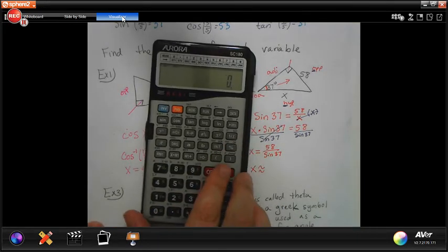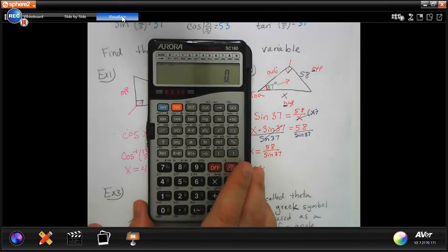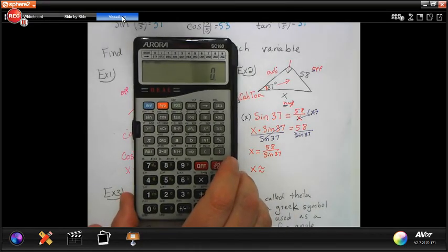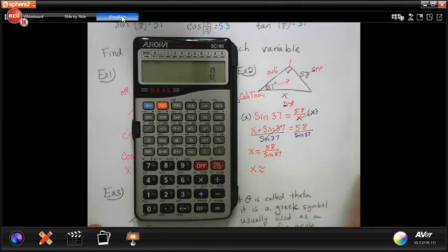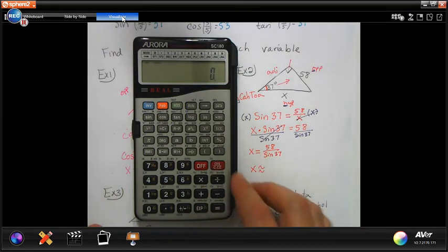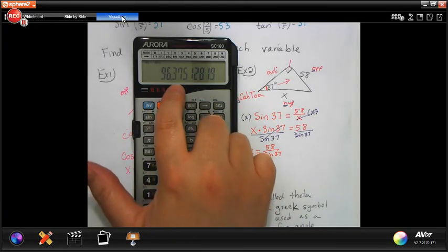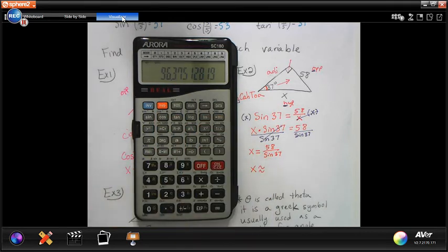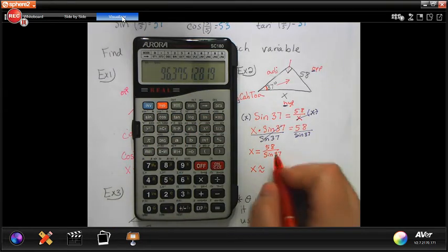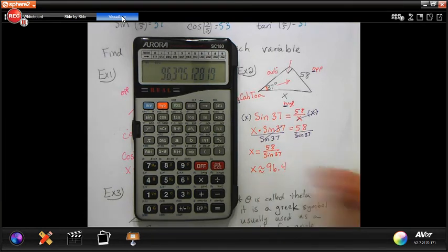It's the length of a side, so we're going to give it a decimal, to be more accurate. I forgot to write down what you would do. On the assignments, you would usually round to the nearest tenth. So here we have 58 divided by sine of 37. That equals, you should get 96.3, and if you notice, that is closer to a 4, so 96.4.